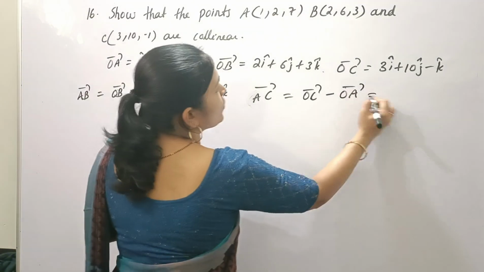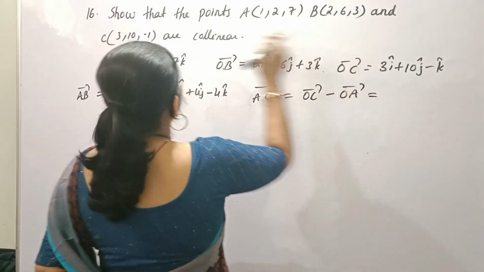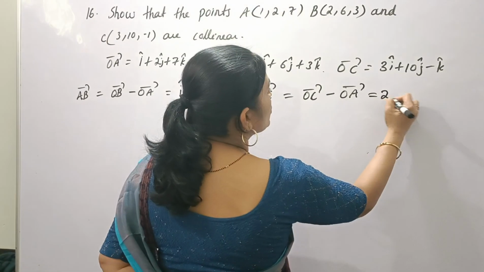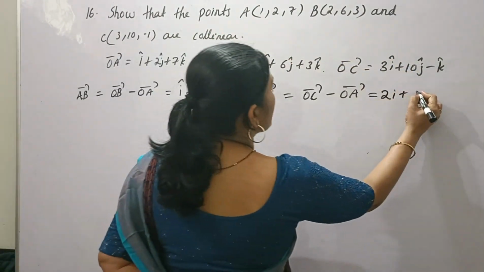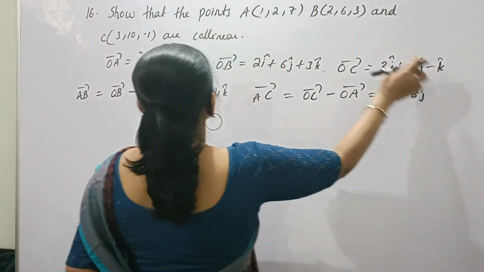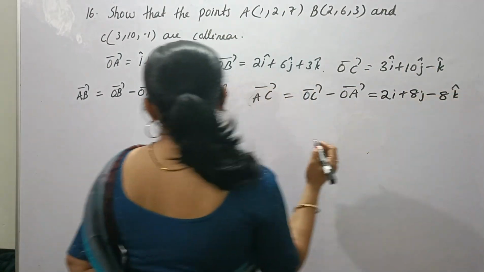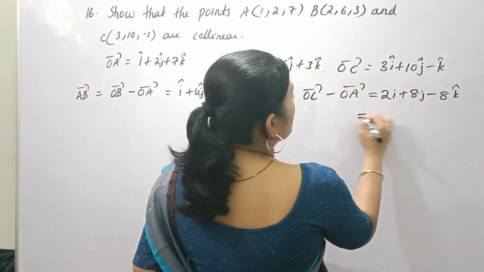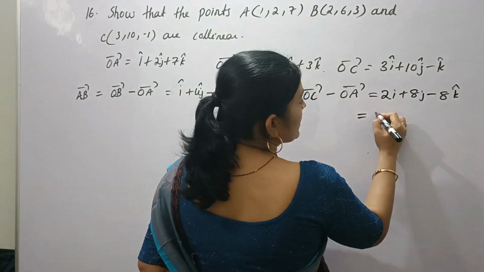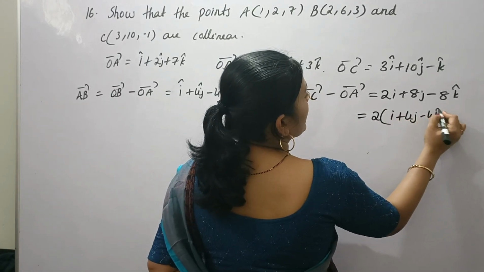So 3 minus 1, 2, so 2i. Plus 10 minus 2, 8j. Minus 1 minus 7, so minus 8k. Okay. So here we can take 2 outside: 2 into i plus 4j minus 4k.